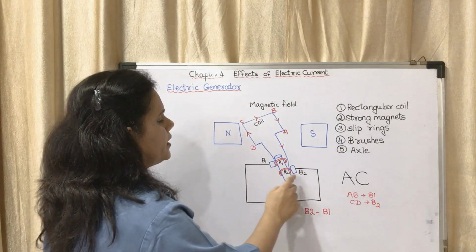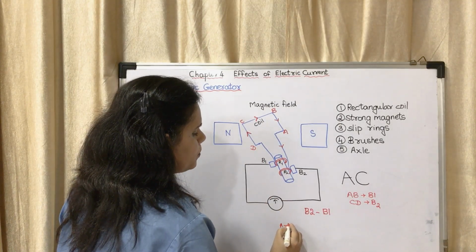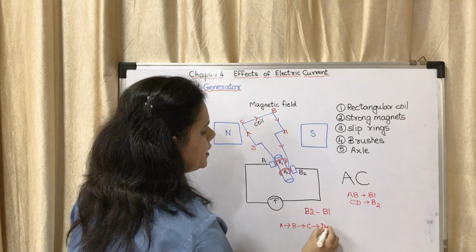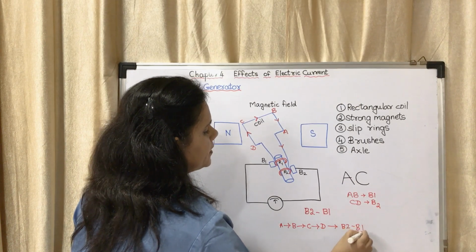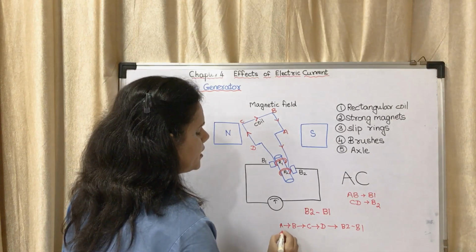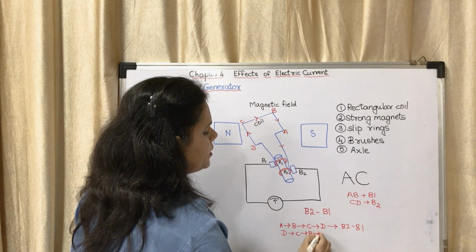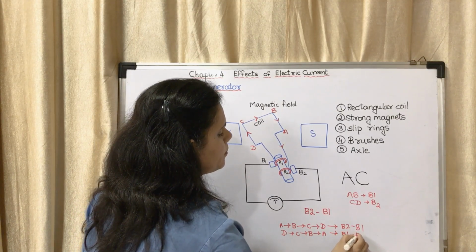So when the current is going A to B, B to C, and C to D, the current is flowing from B2 to B1. And when the current is flowing from D to C, C to B, and B to A, then the current will flow from B1 to B2.